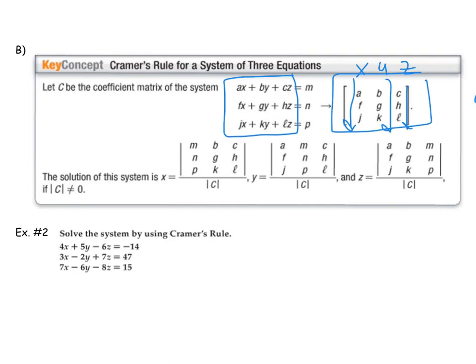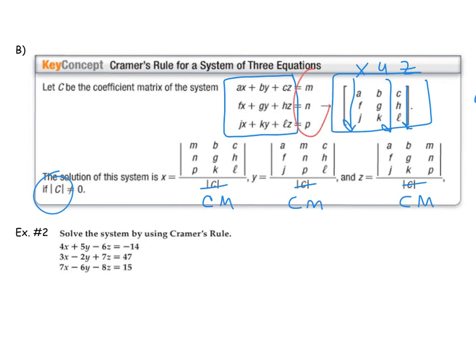This is called the coefficient matrix. They call it C; I usually use CM for my coefficient matrix, and whatever we get for that answer is going to go on the denominator.